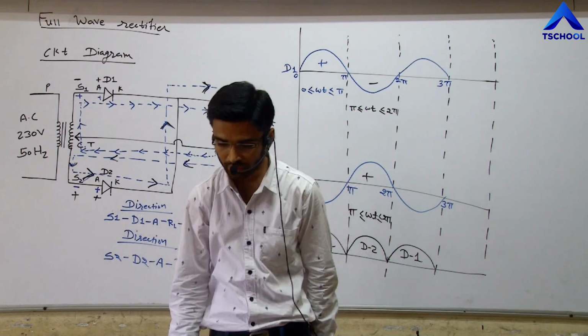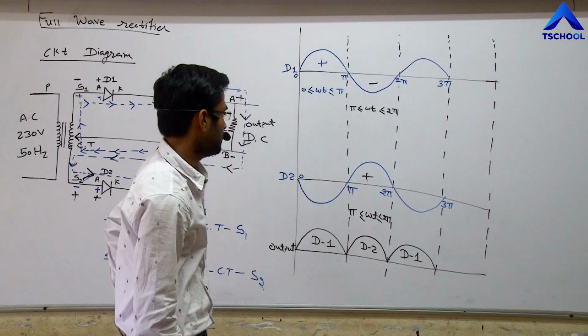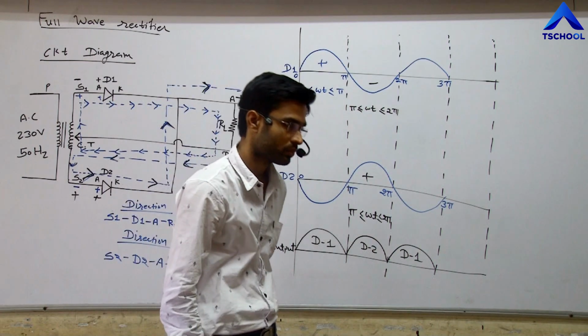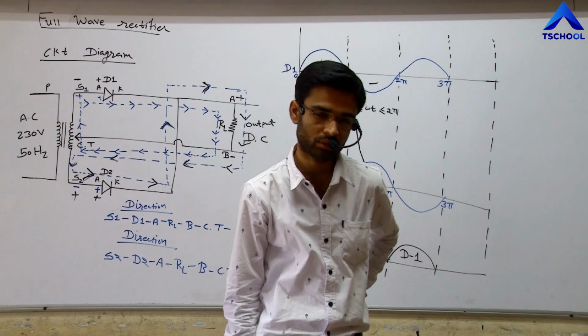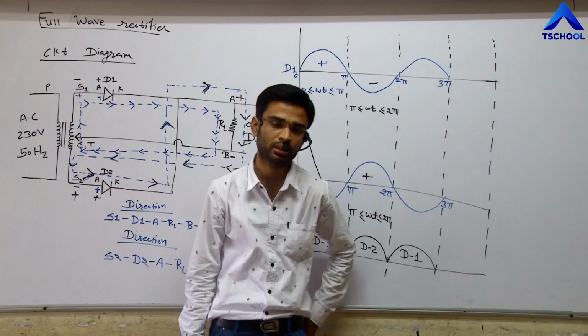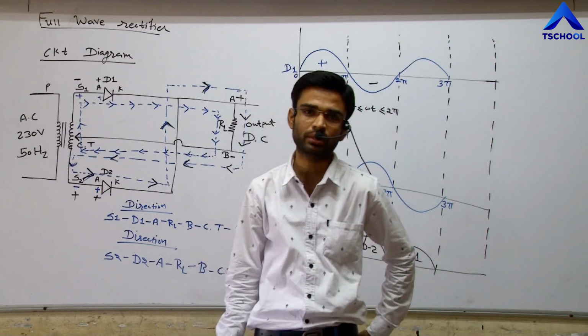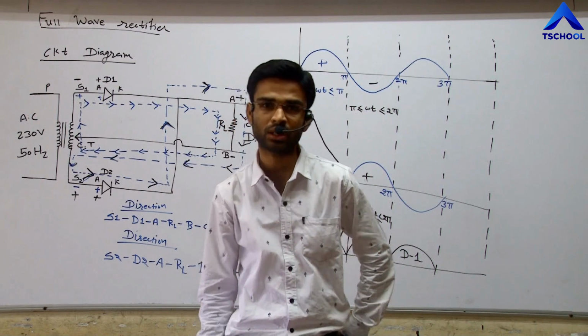Now let me quickly repeat how this process happens: the application of the PN junction diode, half wave rectifier and full wave rectifier. With the half wave rectifier we have seen that only during the first positive half cycle we got the output.